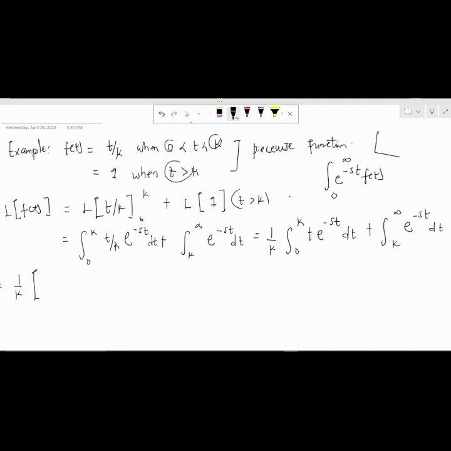So integrate by parts, you have the integral of u dv equal to uv minus the integral of v du.